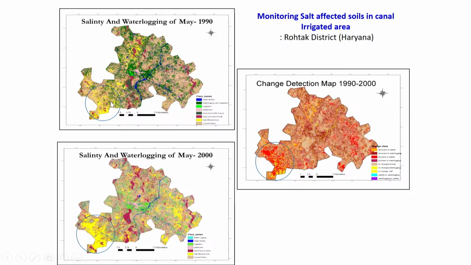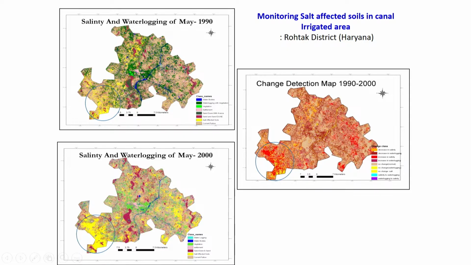It is an image classification by computer. You can give the computer the training that this is the salt affected soils, and the computer will classify where the salt affected soils are. So yellow color is showing the salt affected soils.